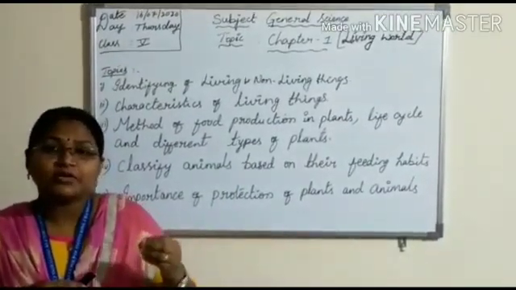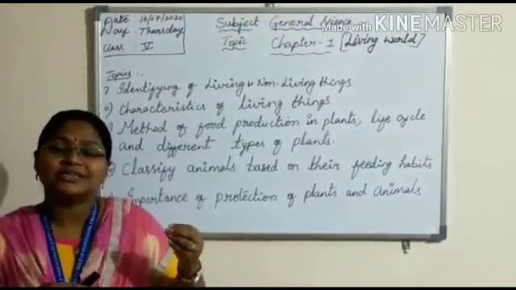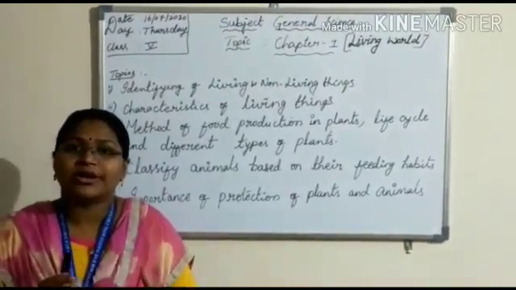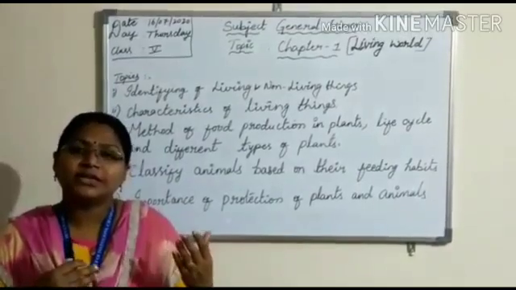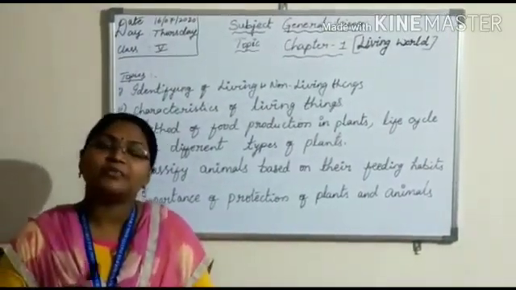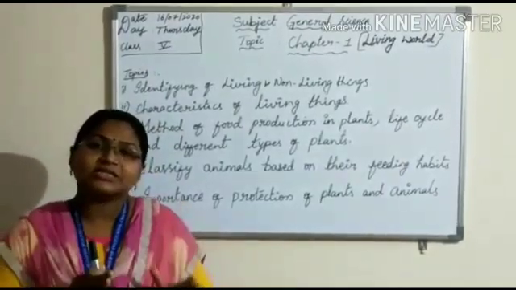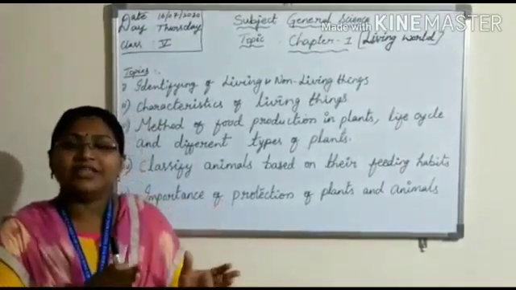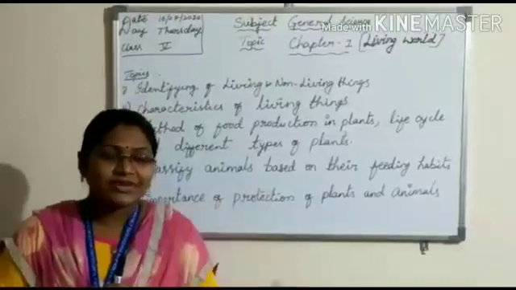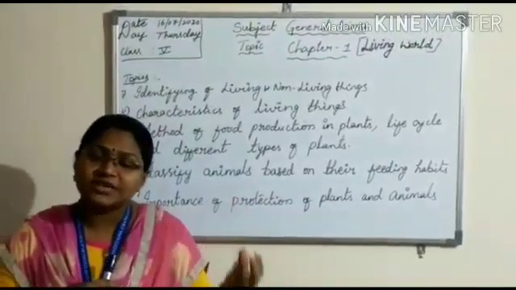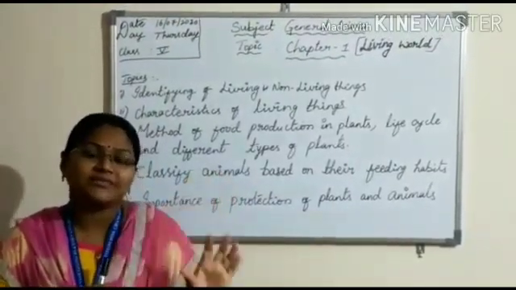But in a fried groundnut, the growth factor inside is already destroyed, damaged. That's why he didn't get any new plant from that fried groundnut. Okay, so here growth is one characteristic feature of a living thing. We can differentiate. If it grows, meaning the seed will give a plant, this is a living thing.